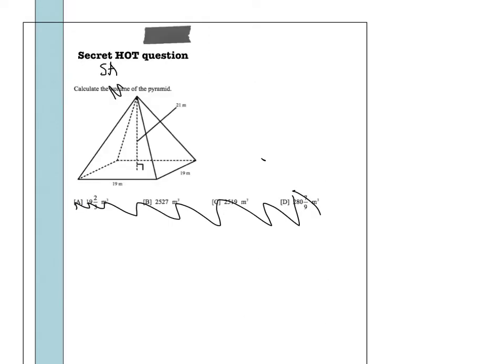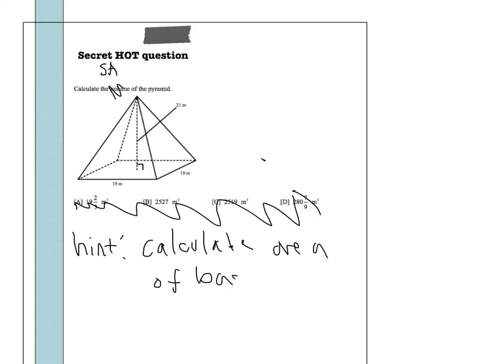Okay, now it's time for the secret hot question. And I know in the examples we only did a prism, we didn't do a pyramid. But my hint for you is, calculate the area of base and sides.